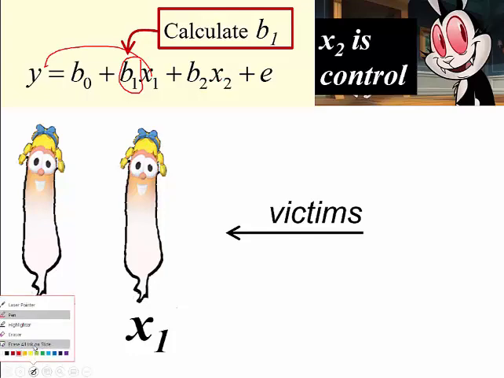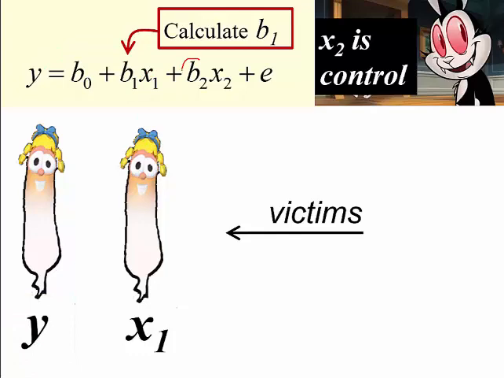Or we could talk about how we calculate the second slope, beta 2, which is the effect of x2 on y, controlling for x1. Just to keep things simple, let's focus on how we calculate beta 1, this first beta for x1.